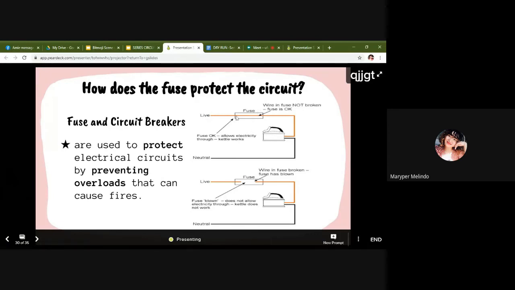Ibig sabihin nun, closed circuit ito. Dahil closed circuit, dadaloy ng maayos ang kuryente. Kaya, gagana. Pero dito sa baba, makikita nyo, we have here an open gap. Nasira na or nag-melt na yung tinatawag nating wire. And because of that, the kettle will not work. So, kailangan na natin palitan yung fuse. Or kung masyadong mahal na yun, palitan na lang natin yung kettle. Parang ganun. Okay po?